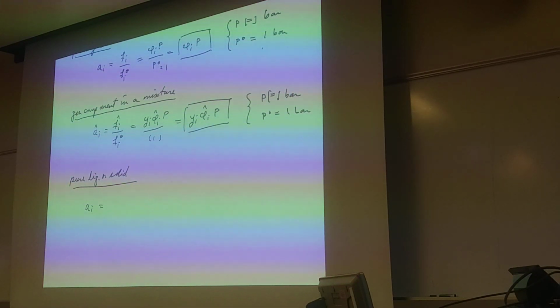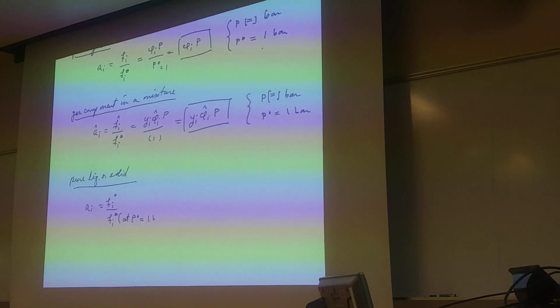The activity would be equal to the fugacity of that pure liquid or solid. And our standard state here is just the fugacity of the pure liquid or solid at P0 equals 1 bar.